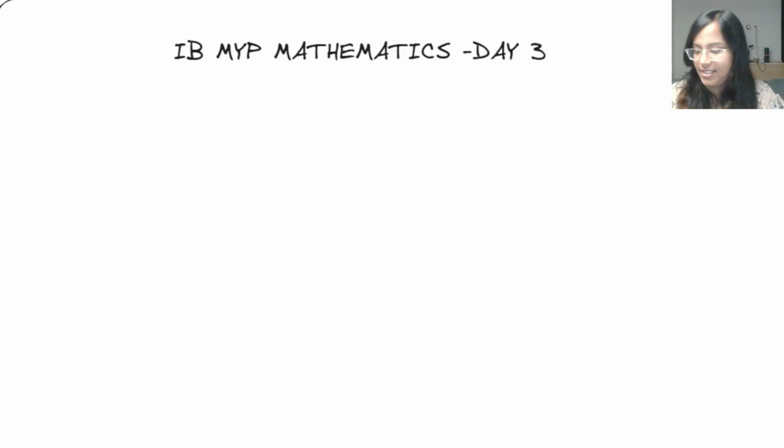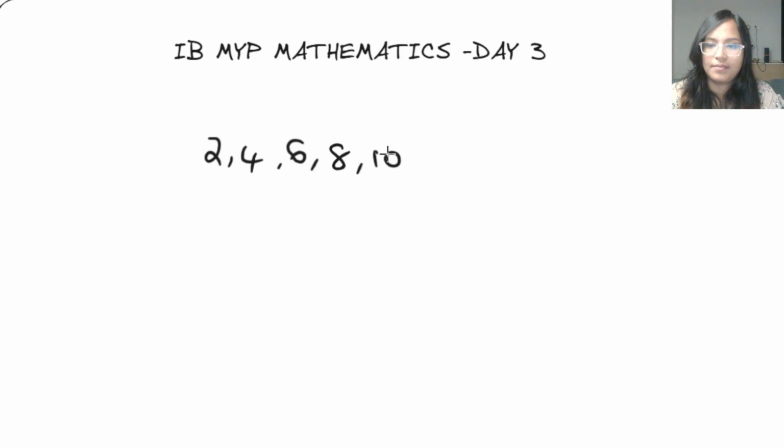Let's try an activity. Look at the sequence: 2, 4, 6, 8, 10. What comes next? You know it. It is 12. It is correct. Now imagine that I am asking, how did you get this answer? How do you know it? Some students may say I just know, but mathematicians need a stronger answer.